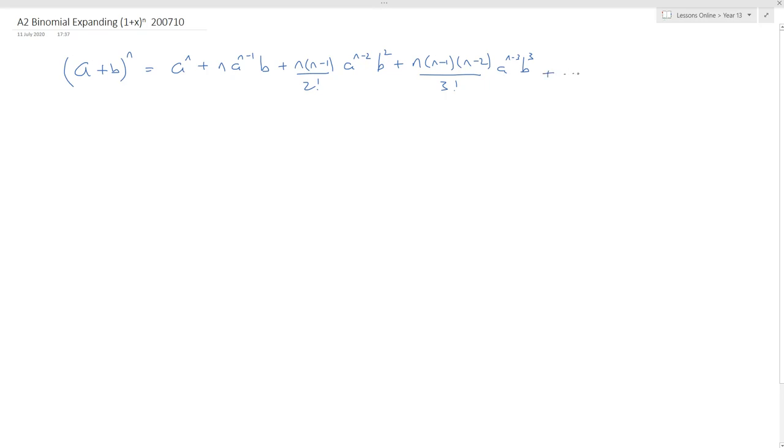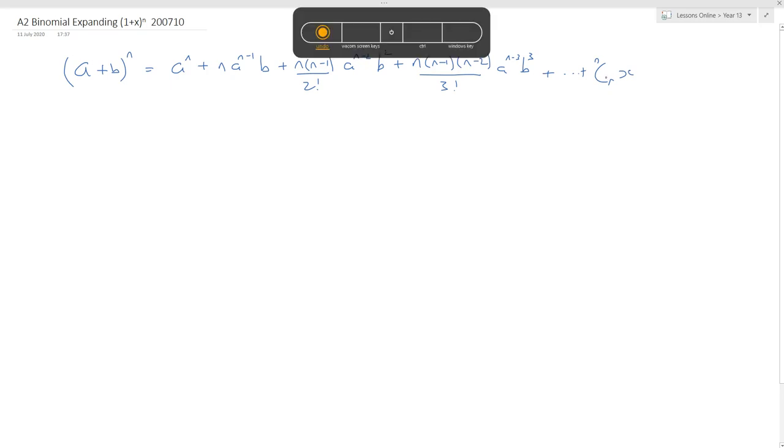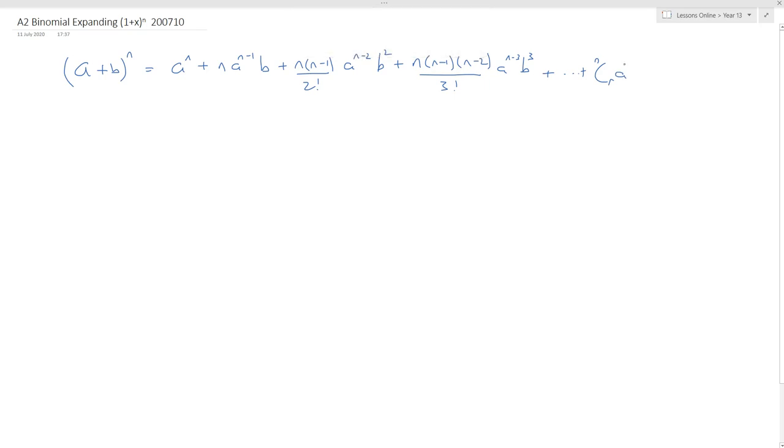Plus, if we write the general form, n choose r, a to the power of n minus r, b to the power of r, plus b to the power of n. So that's our general form of expansion.